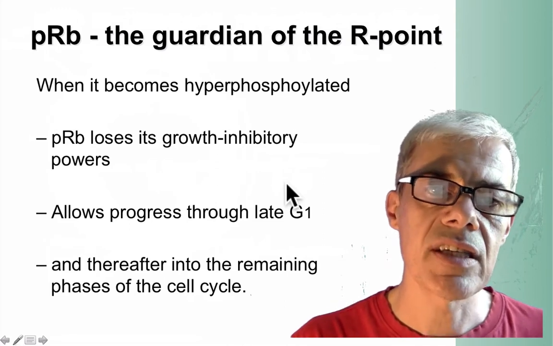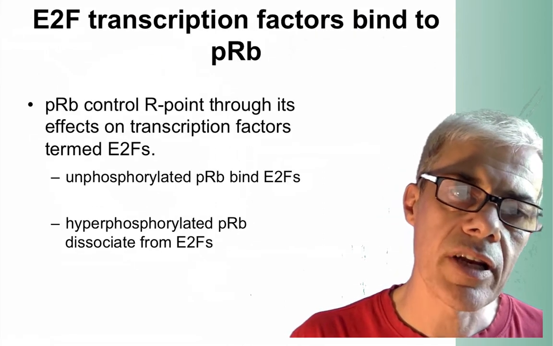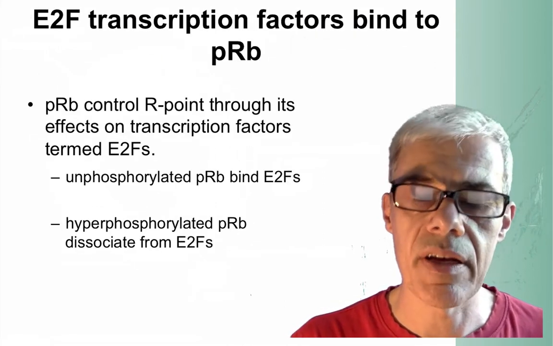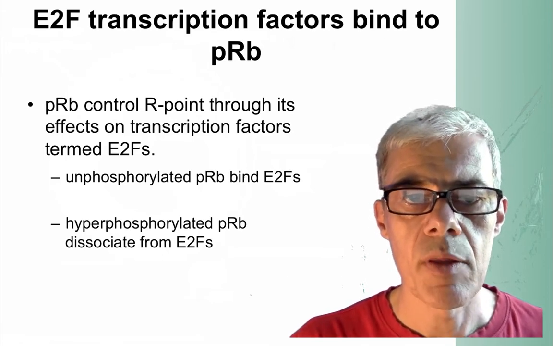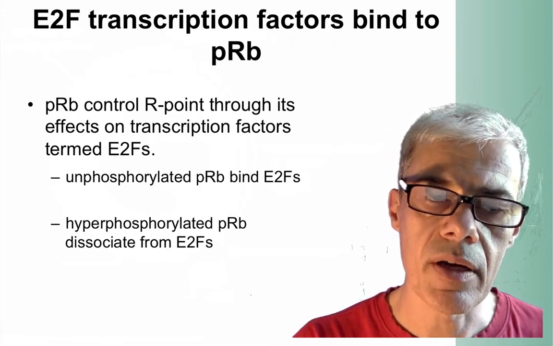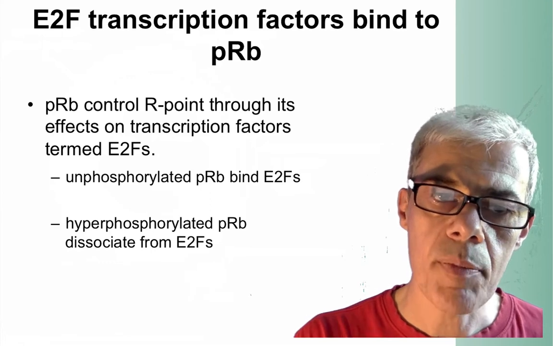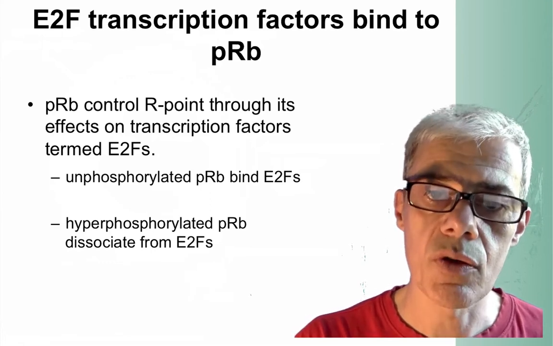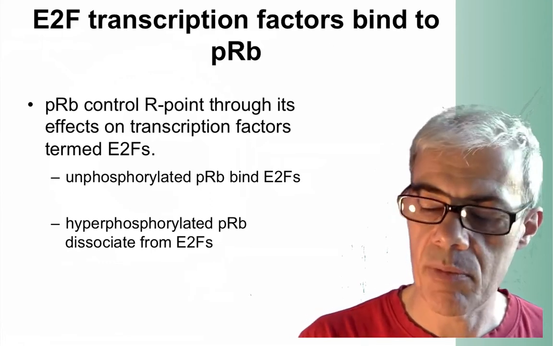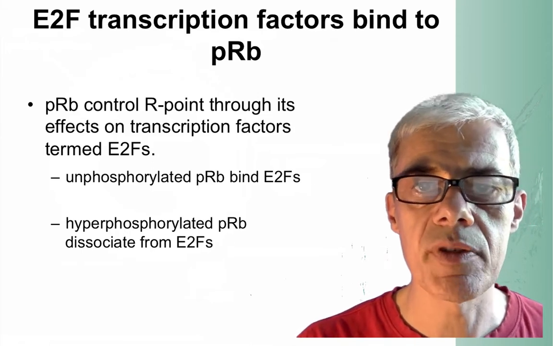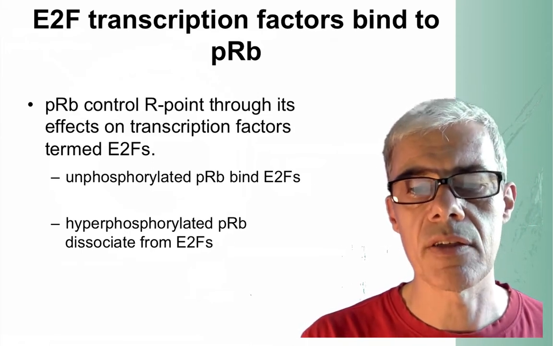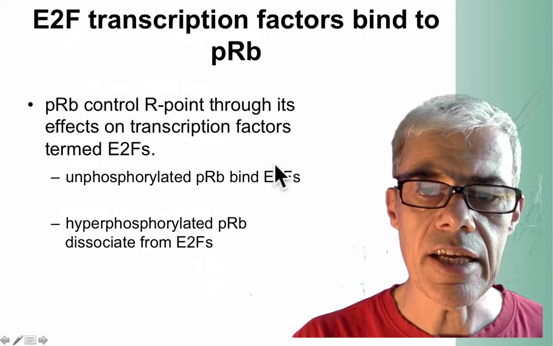Now, the question is, how does the retinoblastoma protein have an effect? When retinoblastoma is hypophosphorylated, when it's not phosphorylated, it binds to a family of transcription factors referred to as E2F.